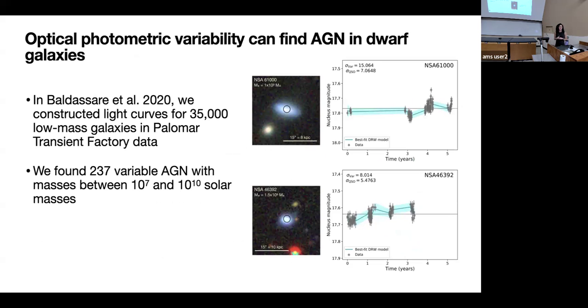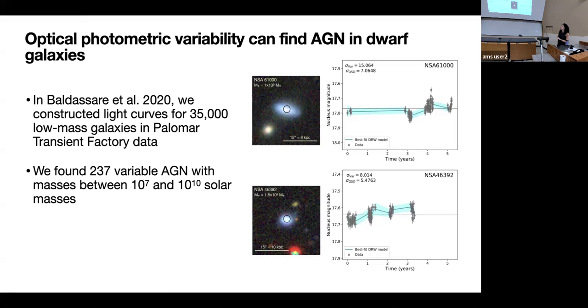So I did this for about 35,000 dwarf galaxies with data from a survey called the Palomar Transient Factory, which surveyed a lot of the sky for over 10 years. From this sample of 35,000 galaxies, we found a couple of hundred dwarf galaxies that had active galactic nuclei based on their variability.